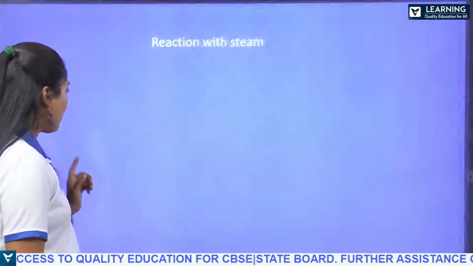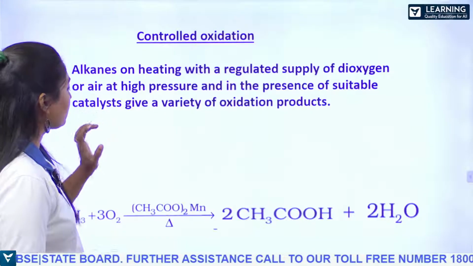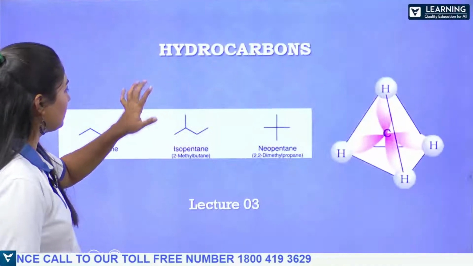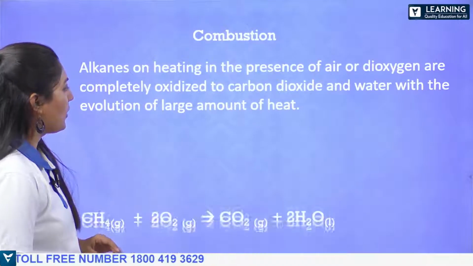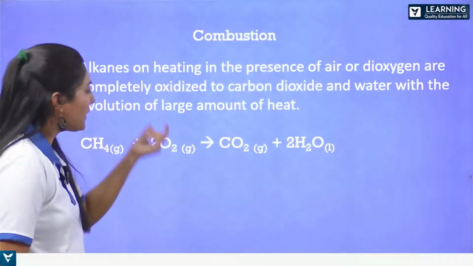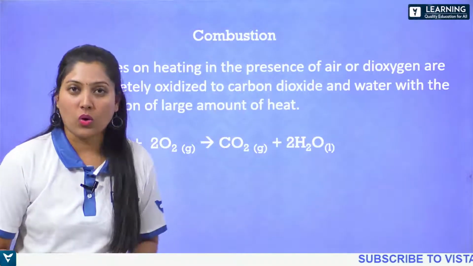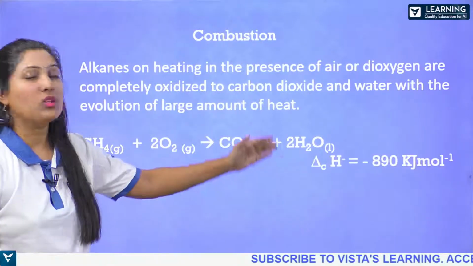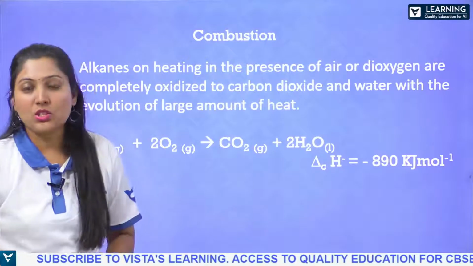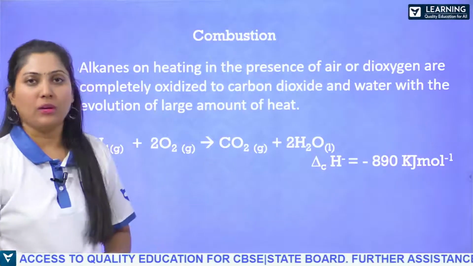You can see here methane, CH4, combining with oxygen to give carbon dioxide plus water, and lots of energy is liberated. The enthalpy of combustion here is minus 890 kilojoules per mole.